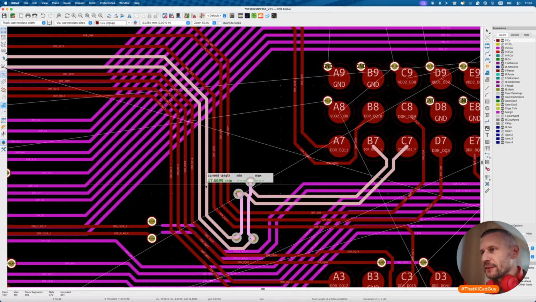So 17.57 is the DQS1. A huge difference.